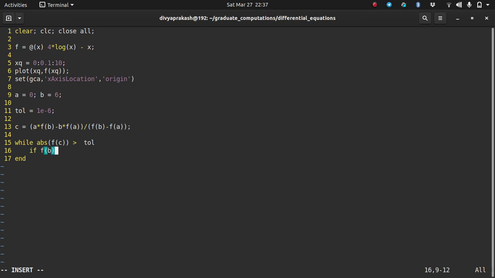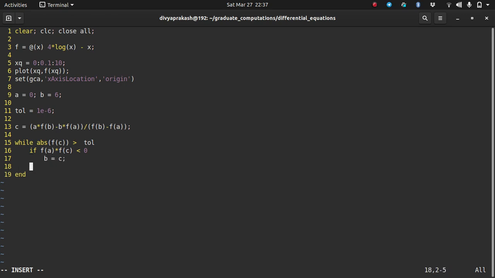So if the value is greater than the tolerance, it will check if f of a times f of c is less than 0. That means the function is changing sign within the interval a and c. If it is, then b equals c.